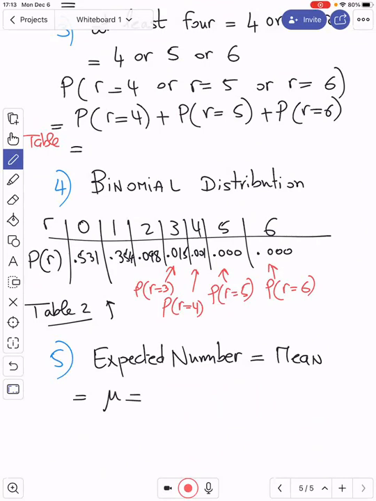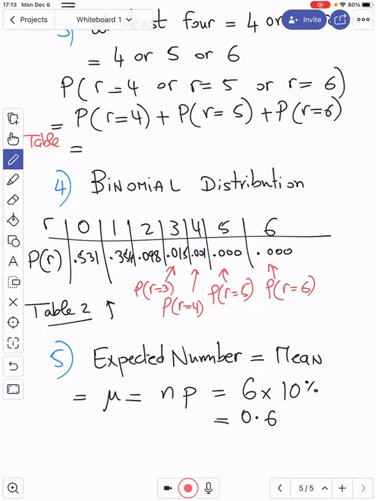And the mean of binomial distribution, it's n times p, just n times p. And that's the number of trials. We have 6 businessmen times probability of success, which is 10%. Okay, so then the answer, of course, would be 0.6. So that's the expected number of ties too tight.